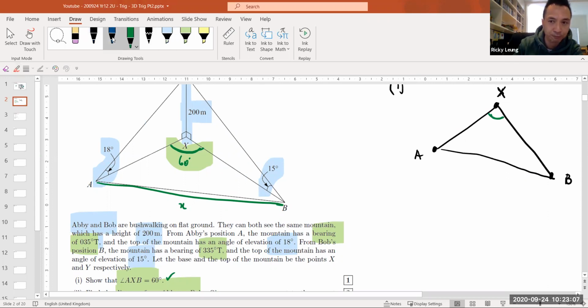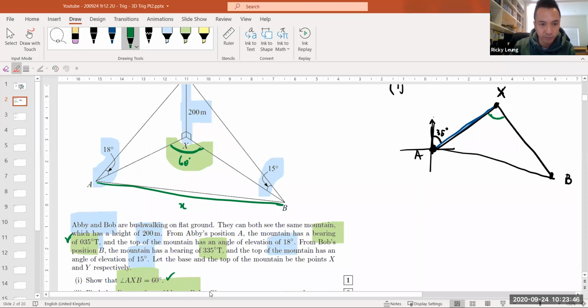So, step 1, if I draw one of these north, east, south, west cross arrows in here, I've got the first fact that the bearing of the mountain from A is 35 degrees. So from here to here, this angle here has a bearing of 35 degrees, right? Easy. Yep. So that takes care of this bearing here, tick.